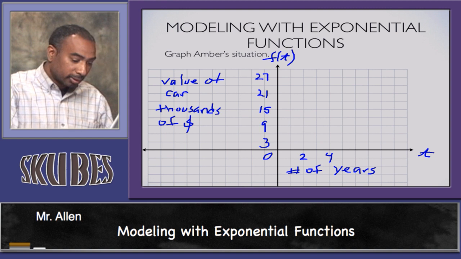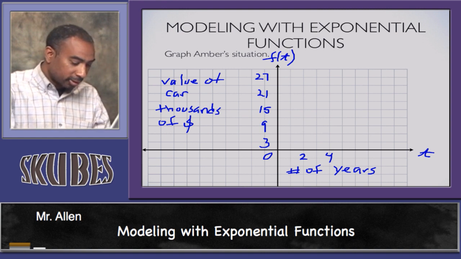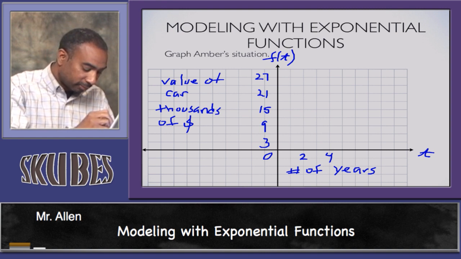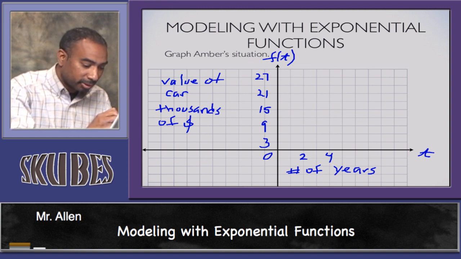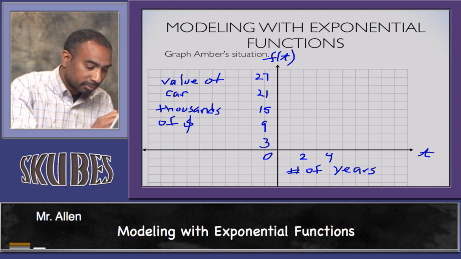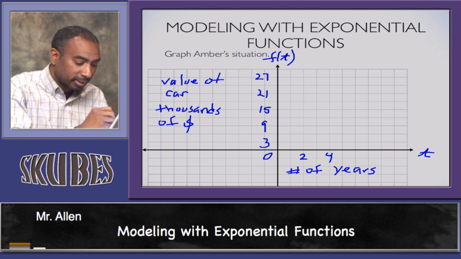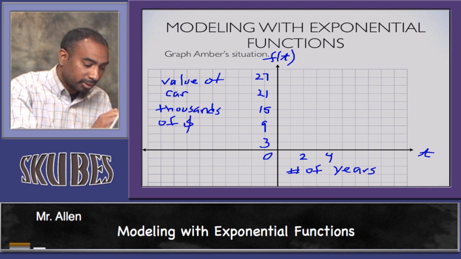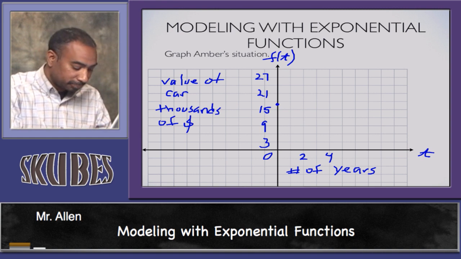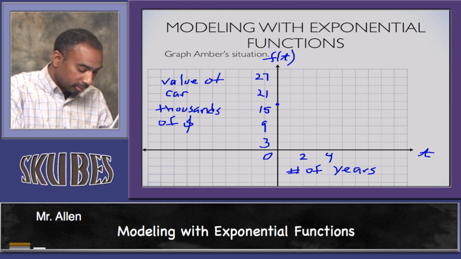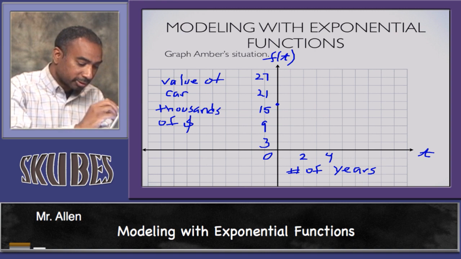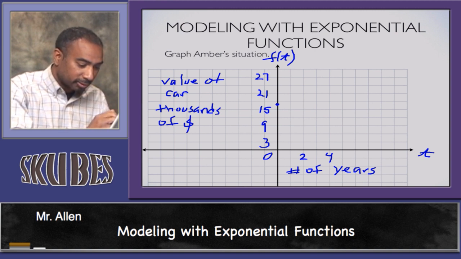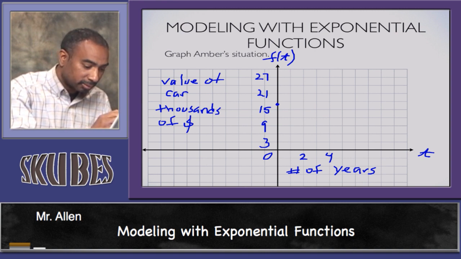So, according to the chart, initially it was 17,500, so that's going to be roughly in here. I counted up by threes, so it'll be here, a little below 18. And the first year is going to go down to 16,000, so it's going to be roughly here.